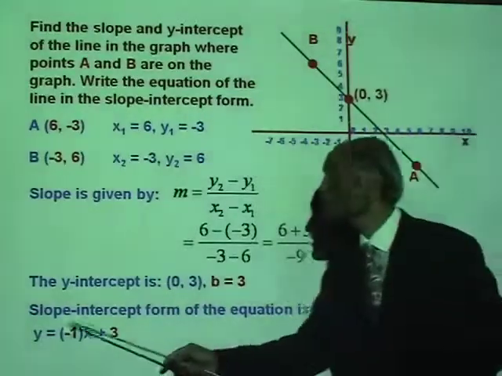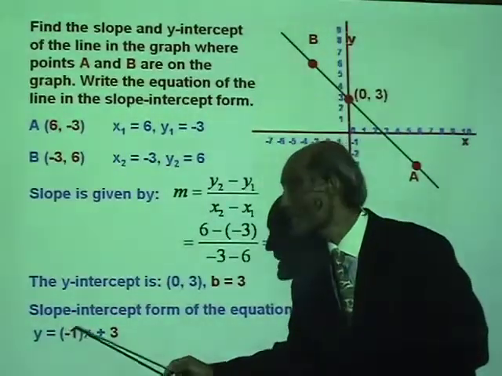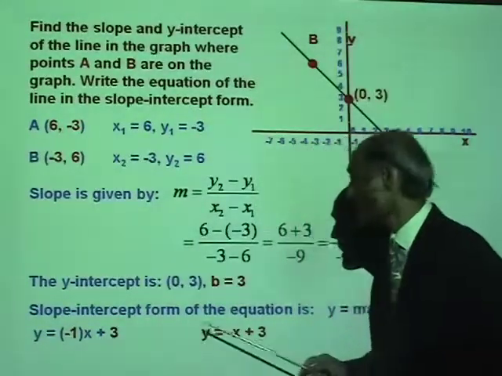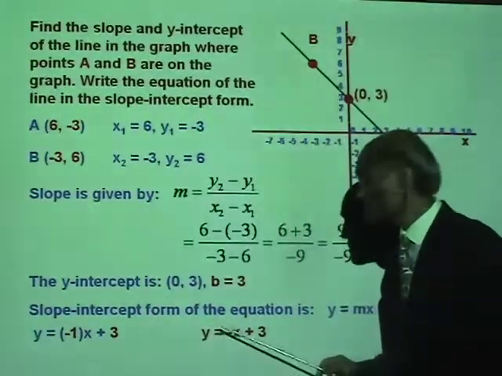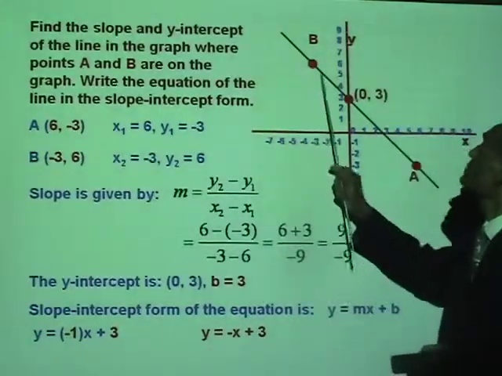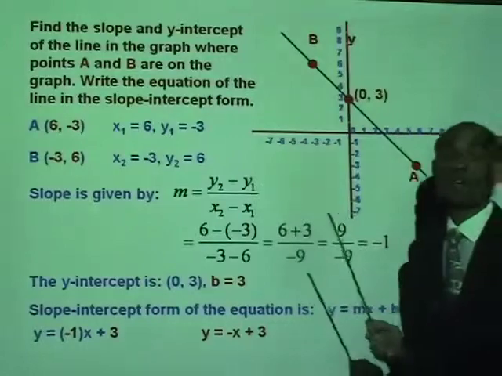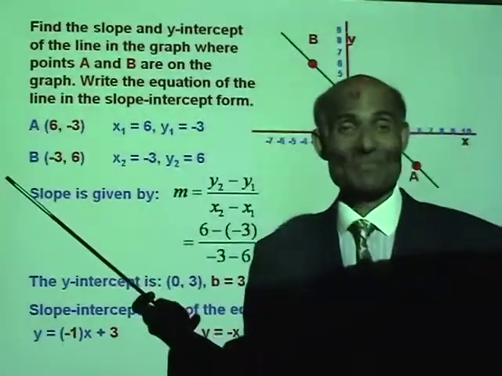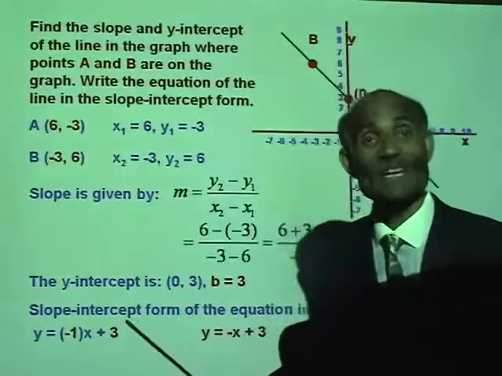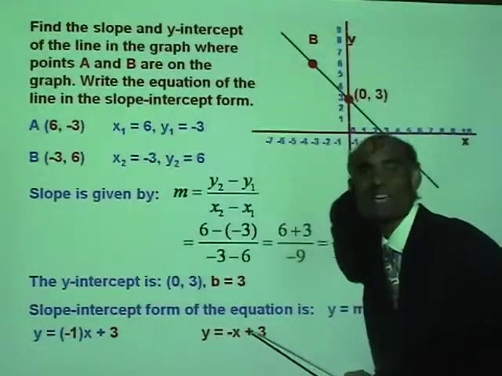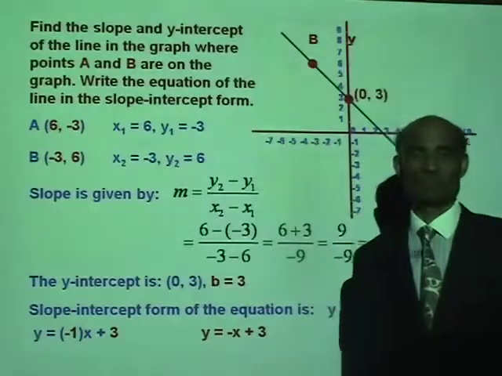Therefore, the equation is y equal to negative 1x plus 3, or we write it as y equal to negative x plus 3. That is the equation of this line. Every line has an equation, and that equation can be represented in the slope-intercept form.